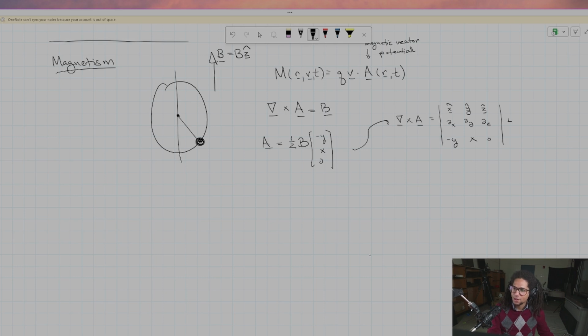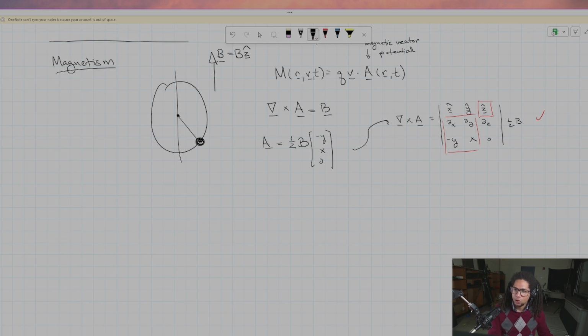And I'll put my constants up on the right, half B. Okay, so in the x direction and the y direction, I'll let you check you don't get anything. And then in the z direction, I get partial x of x, that's 1, minus partial y of minus y, that's also 1, so I get 2. So this gives me back B. This all works out. Good.